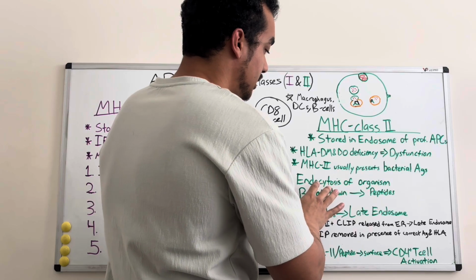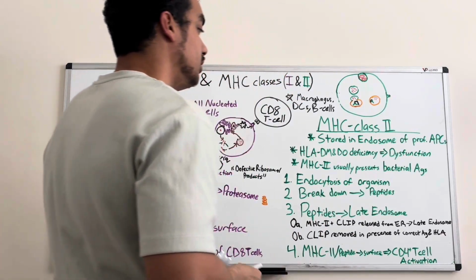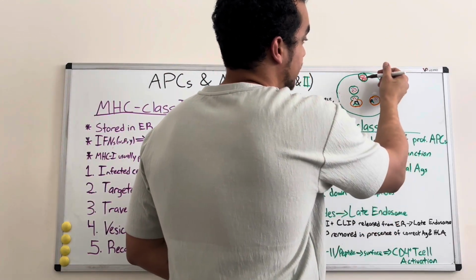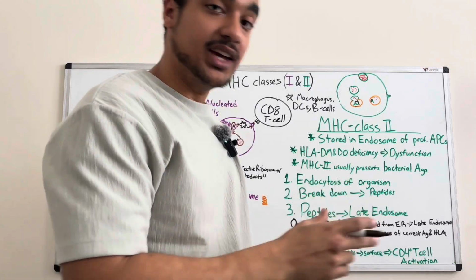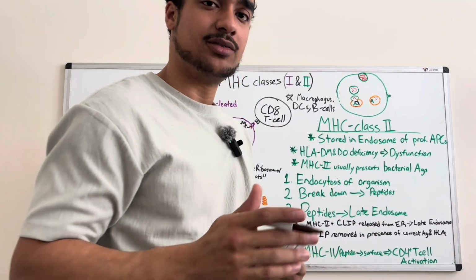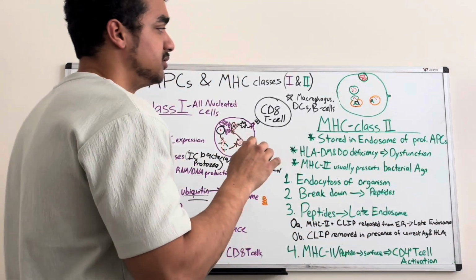So step one, we get endocytosis of the organism, okay? So you endocytose that bacteria via LPS, which is a toll-like receptor 2, I believe, or a TLR4, which I think is gram-positive bacteria.